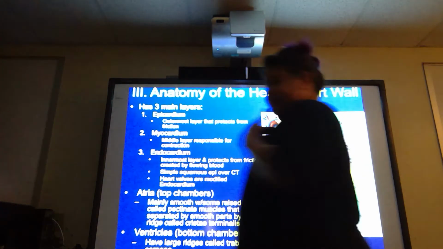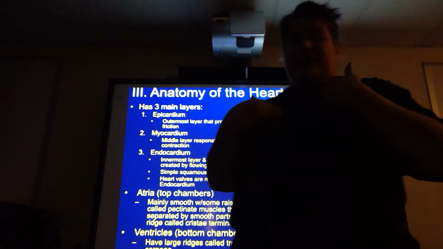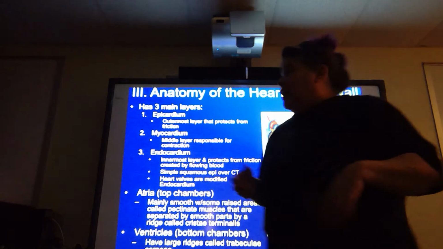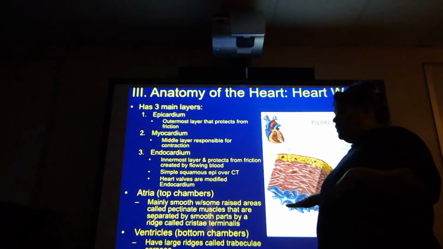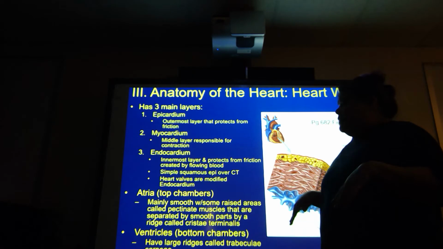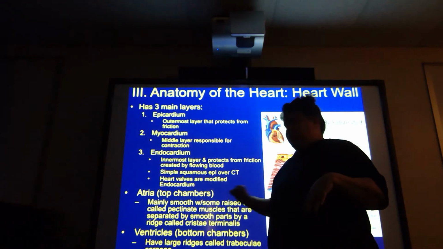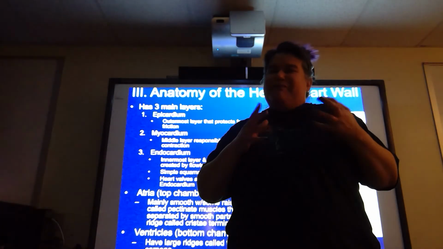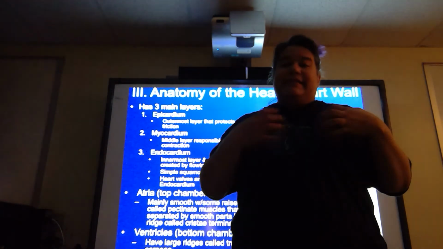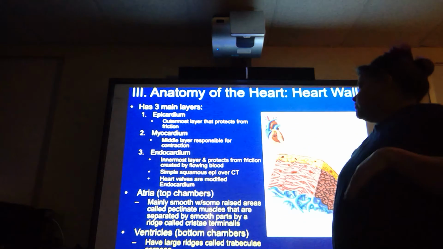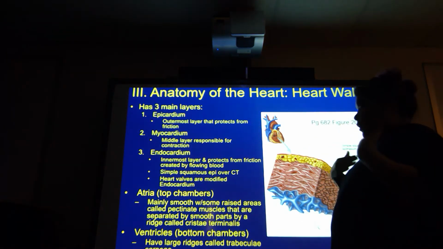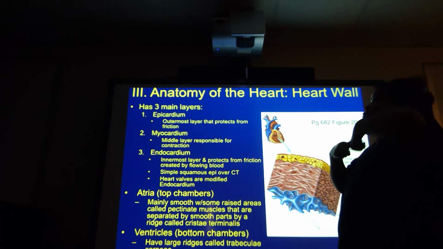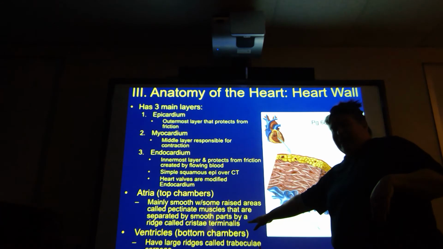The atria, the top, they're actually relatively small. They're not actually that big. They're mainly smooth. They've got some raised areas that we call pectinate muscles. Okay? Pectinate muscles are kind of ridges, but they're semi-smooth ridges that exist inside of the atria. They're separated by smooth parts, by a ridge called the cristae terminalis.